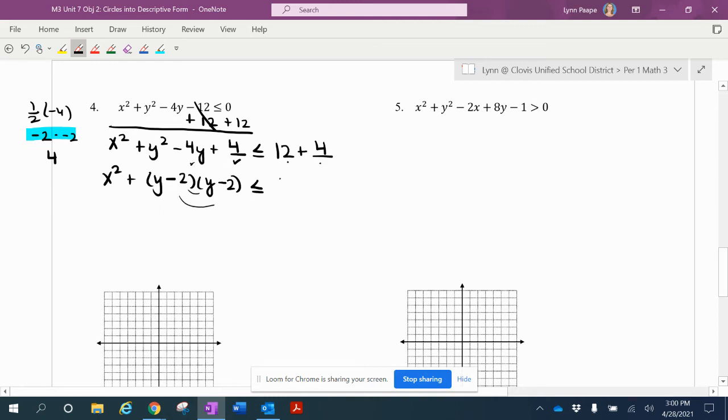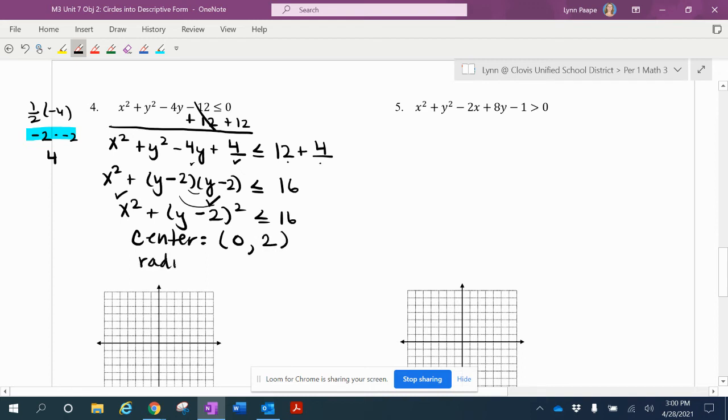So 12 plus 4 is 16, and then I'll write that as a quantity squared, so y minus 2 quantity squared. And then my center, so for my x term, I'm not adding or subtracting anything to x, so that would give me 0. And then for my y term, I'm going to do the opposite of that, so it'll be positive 2. And then for the radius, I'm going to take the square root of 16.